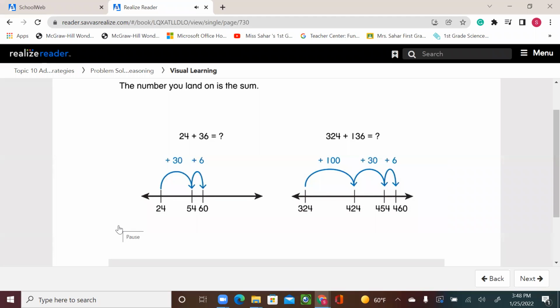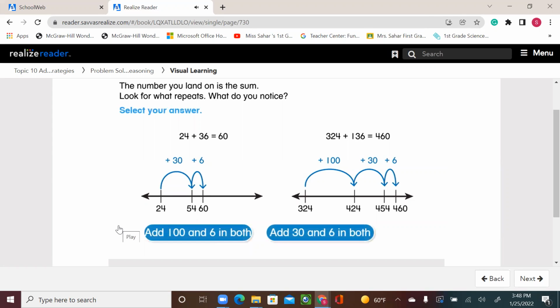24 plus 36 equals 60. 324 plus 136 equals 460. Look for what repeats. What do you notice? Select your answer. All right. We can see that the tens and the ones in both addends in my first question are the same.